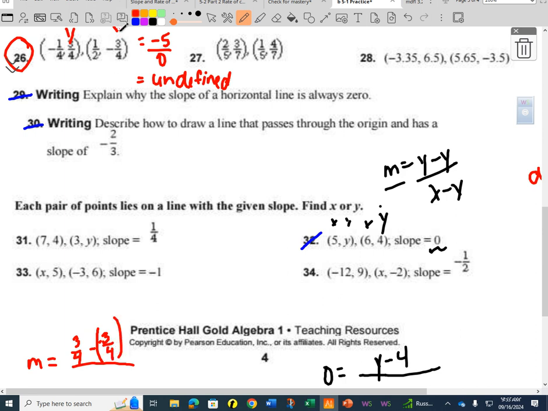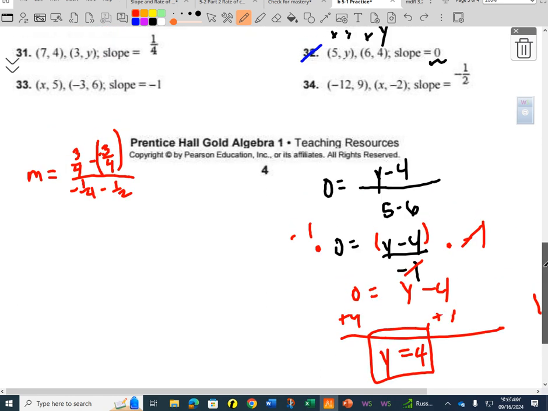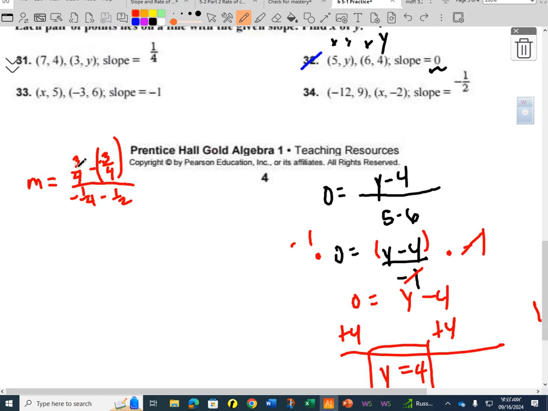That's y minus y. And then x minus x, negative 1/4 minus positive 1/2. So if you can't read my handwriting, once again, that's 3/4 minus negative 3/4 over negative 1/4 minus 1/2.